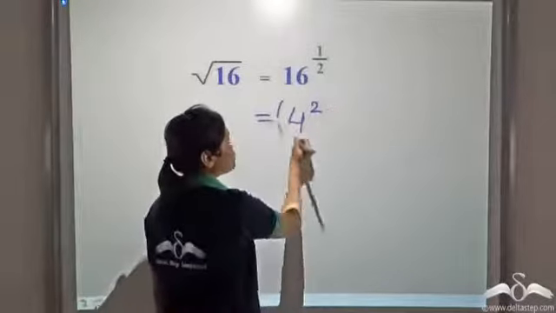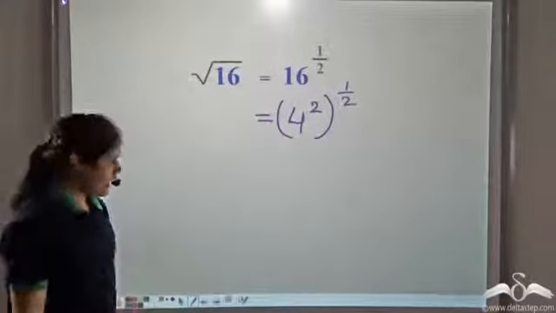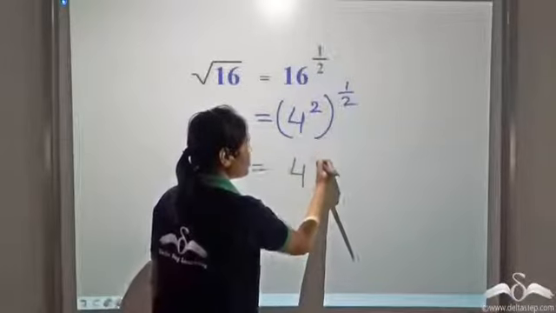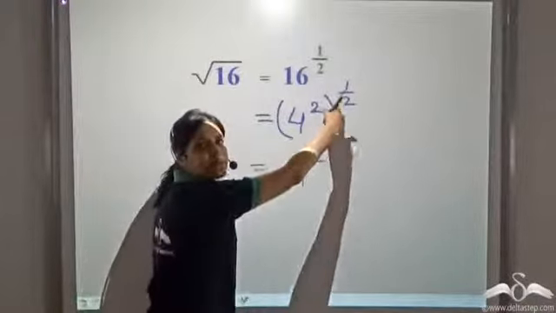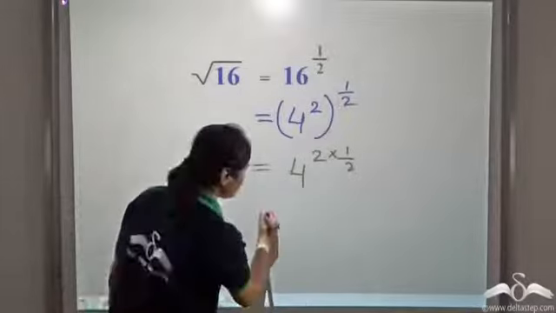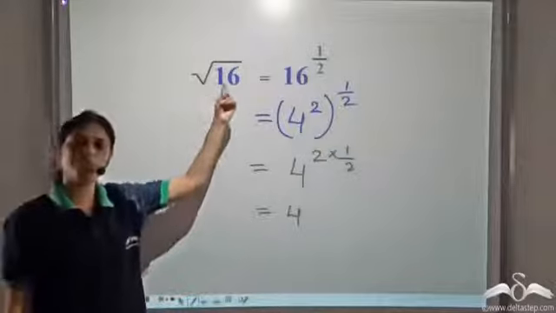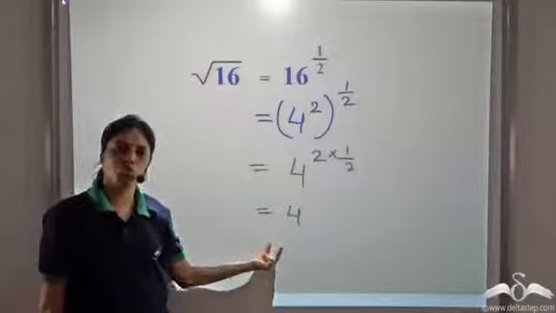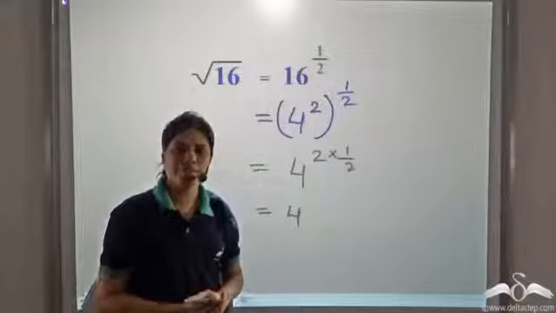So this is 4 square to the power half, and this is equal to 4 to the power 2 into half, because both the powers get multiplied. 2 into half is 1, which gives 4. And we know that the square root of 16 is 4. So we see that it indeed holds true that the square root of 16 is 16 to the power half.